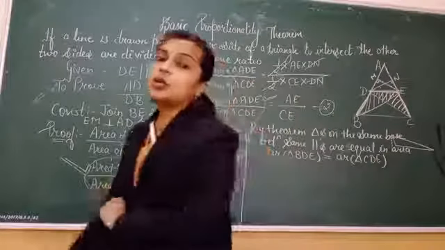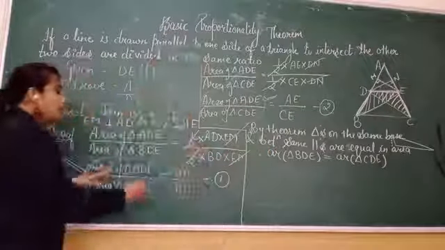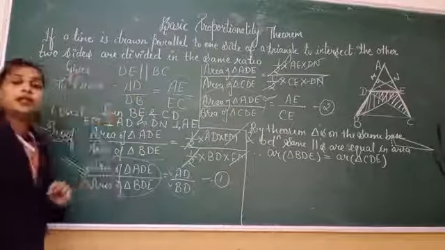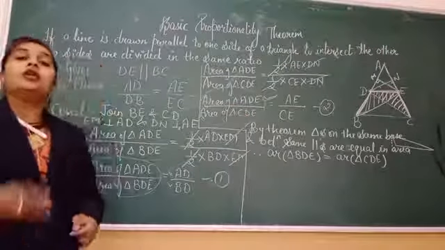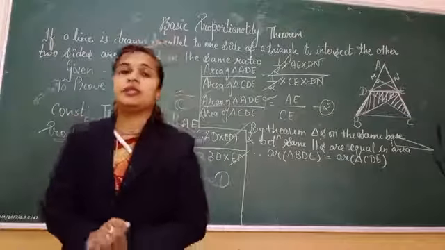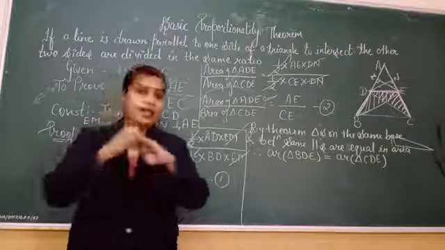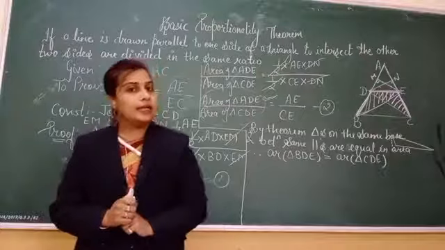Now see in equation 1 and 2, both the numerators are equal in area. Both the denominators are also equal in area. So if the areas of both numerator and denominator are equal, then their ratio will also be equal. Yes.